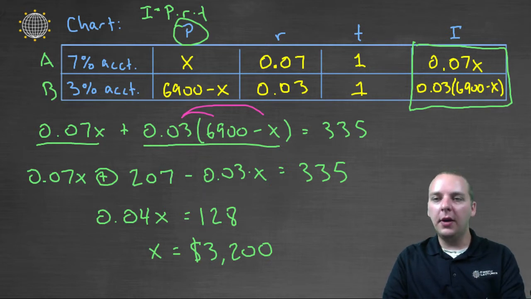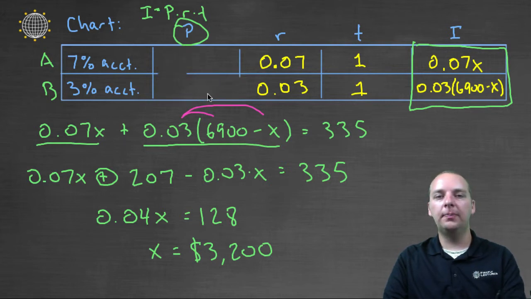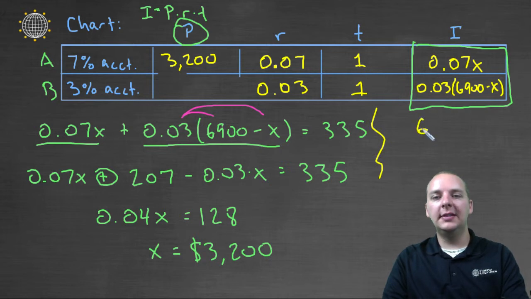And from there, we can also determine how much was invested in the 3% account as well. So in the 7% account, it was $3,200, and in the 3% account, don't forget, it was $6,900 minus X, or minus $3,200, which would be $3,700.